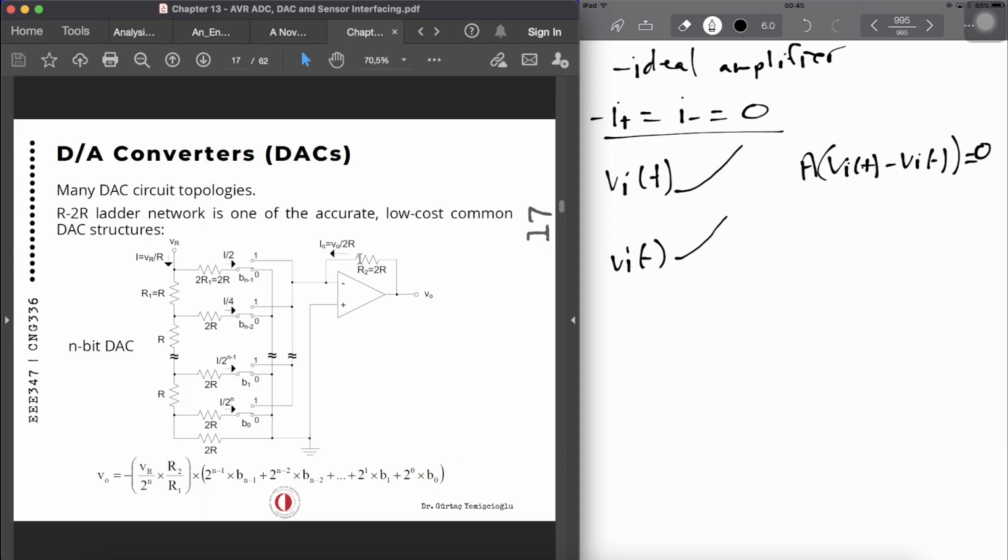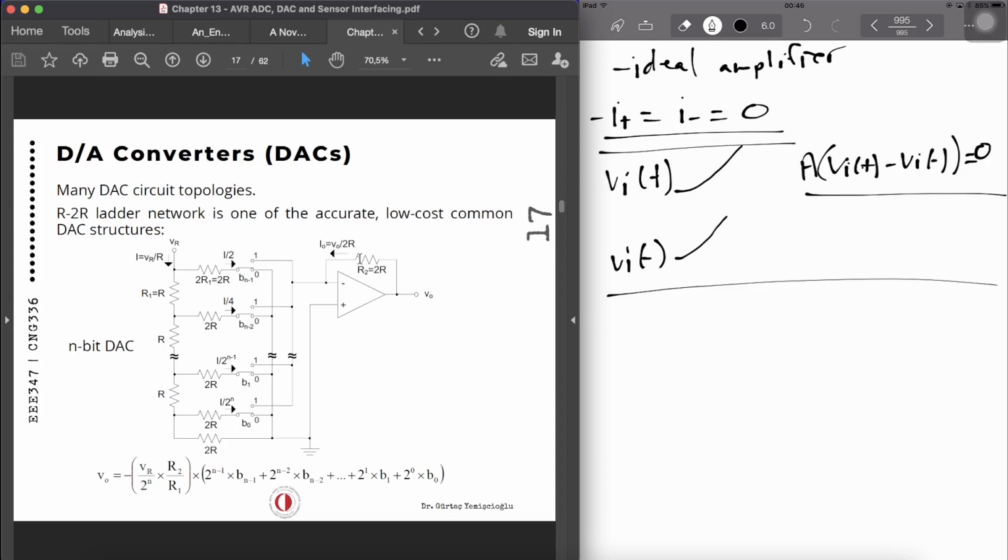Now again, in your circuit theory, you studied these negative feedback configurations with very basic observations and very basic assumptions. Those are the two rules: the input currents are 0 and the input voltages are equal to each other under the equilibrium. So we know the properties, we now understand the amplifier.